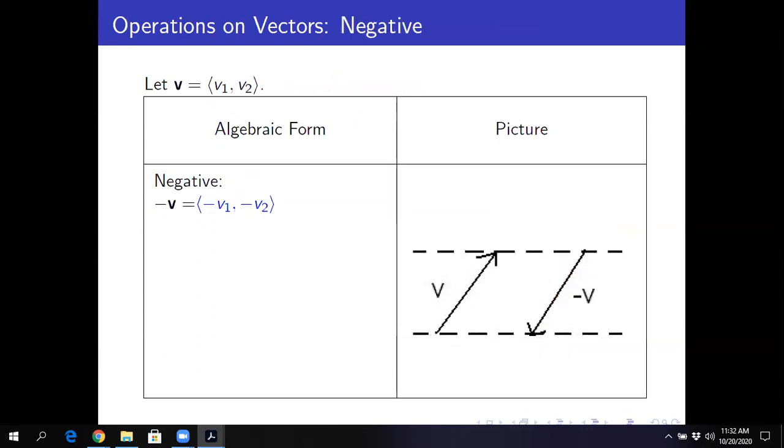If I multiply by a negative, it's going to flip the x and y displacements in the opposite direction. And as such, you're going to have a vector that looks basically the same, but the initial and terminal points have switched around. Now the arrow is going the other way. Any questions on that so far? Any questions?